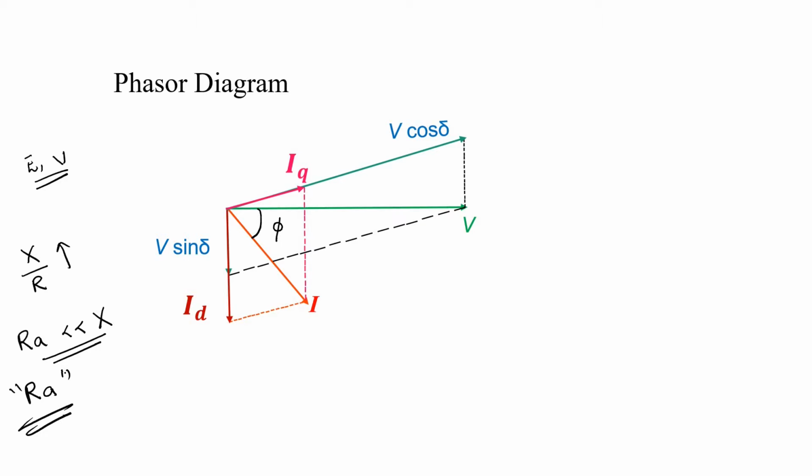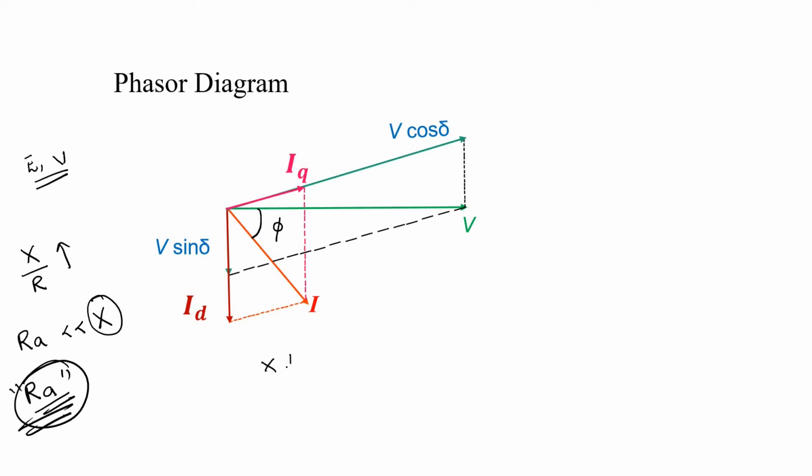That means we are not considering the drops with respect to the armature resistance. We are taking the quantities only with respect to the reactance value. Now we have only two voltage drops to be considered with respect to the reactance value.